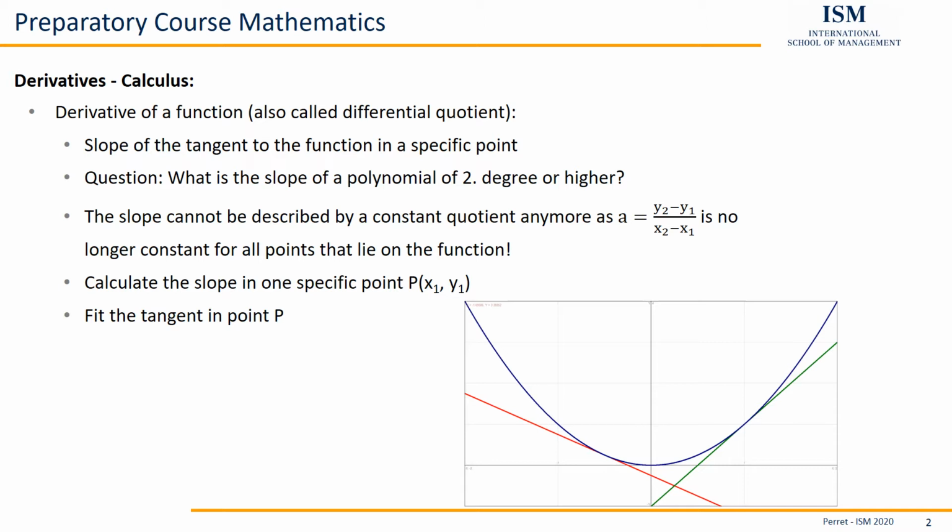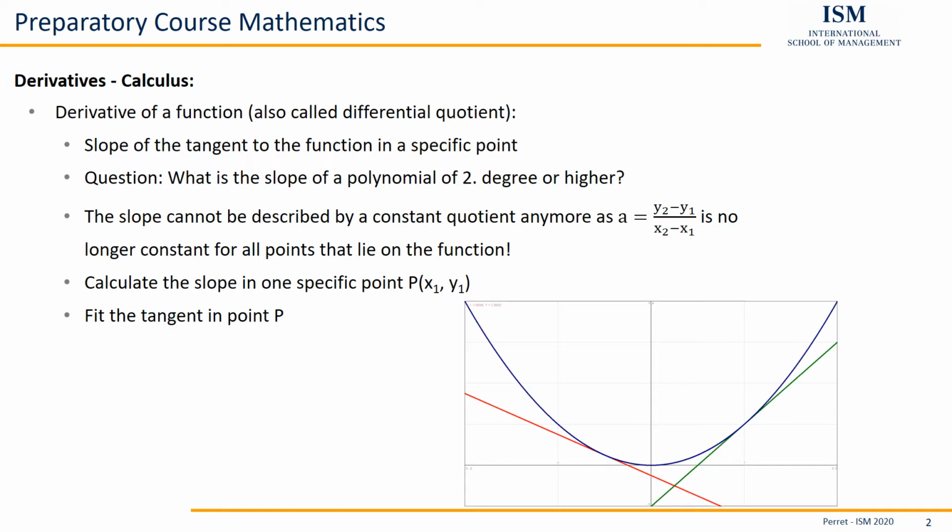So what we do now is we move one of the points closer to the other. We keep one of the 2 points fixed and move the other one increasingly closer to the one which is fixed. So in other words, the distance or the difference measured in the numerator becomes increasingly smaller, but the distance measured in the denominator also becomes increasingly smaller.